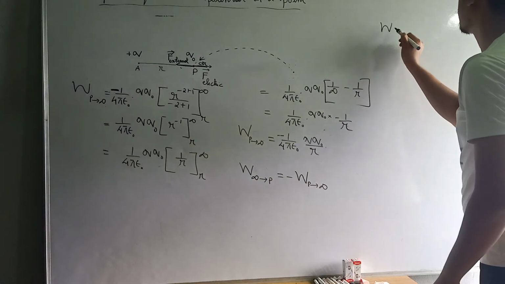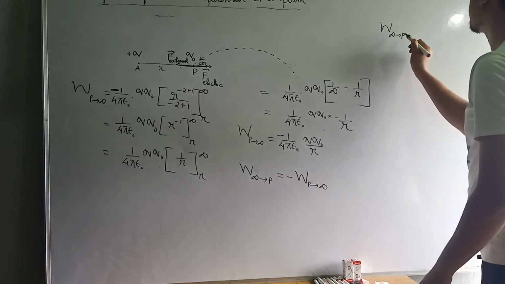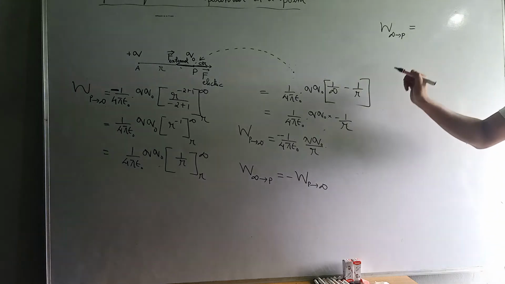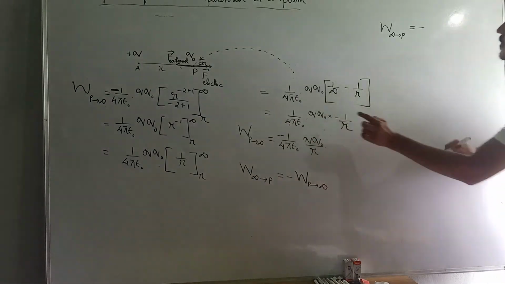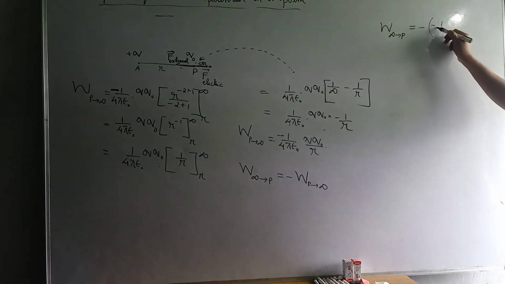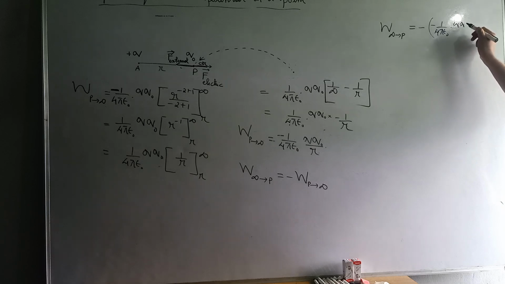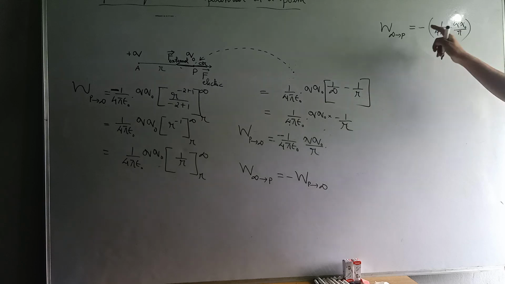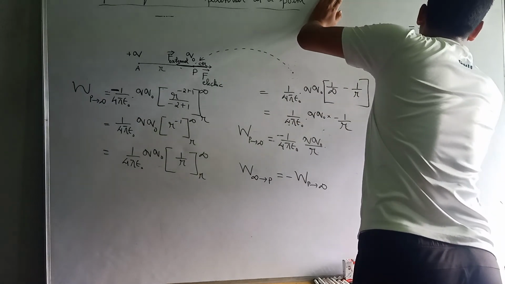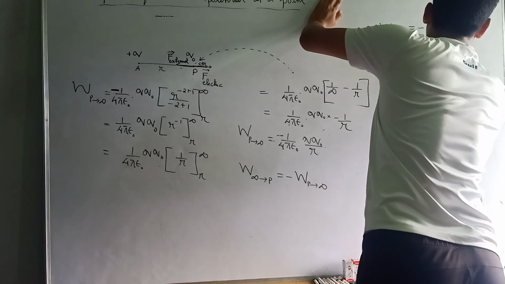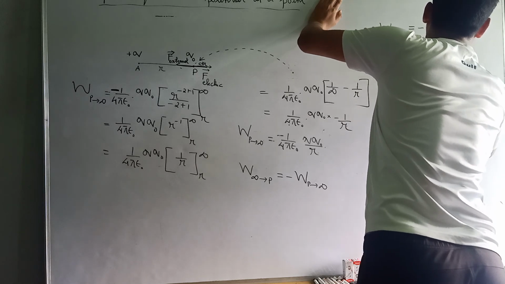So W infinity to P, work done in taking from infinity to P will be negative of this work done. That is minus 1 by 4 pi epsilon naught into Q naught upon R. Minus minus becomes plus now. So that's 1 by 4 pi epsilon naught into Q naught upon R.